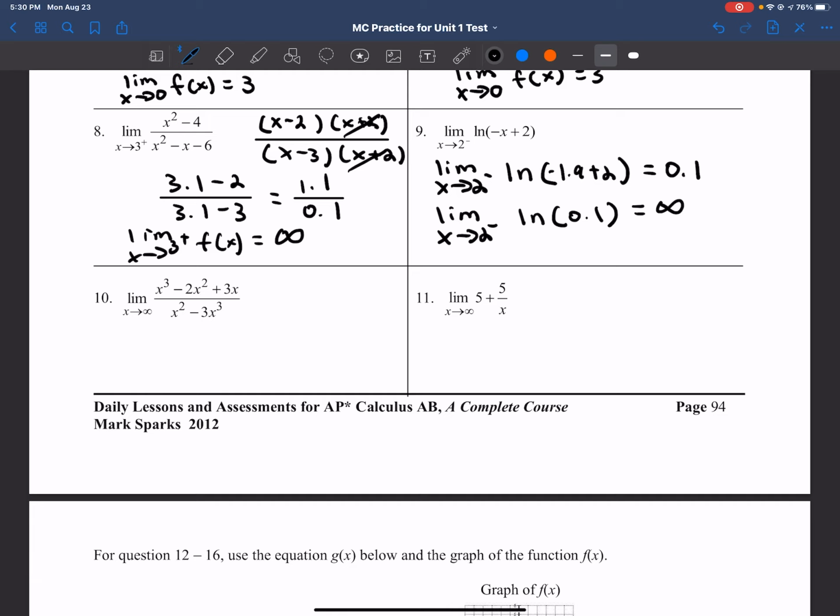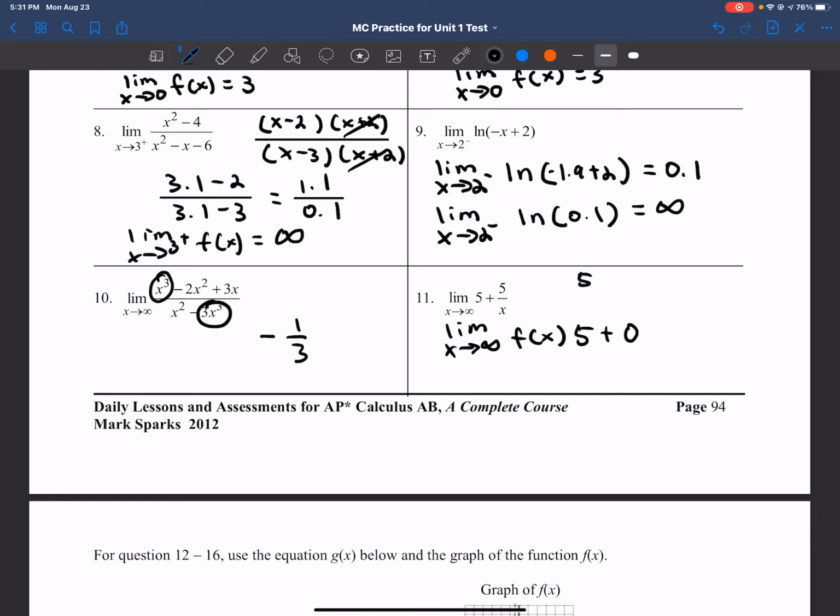For number 10, we don't really have to do anything here. It's just a shortcut. So you take the largest degree and you divide it by the largest degree. So this will be just negative 1/3. For number 11, you get limit as x approaches infinity, f of x, 5 plus 0.